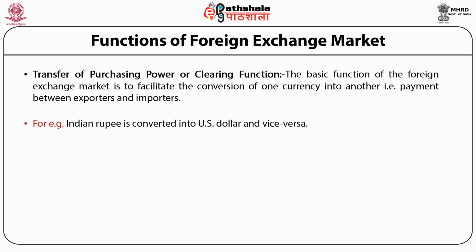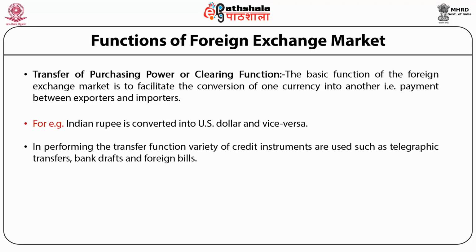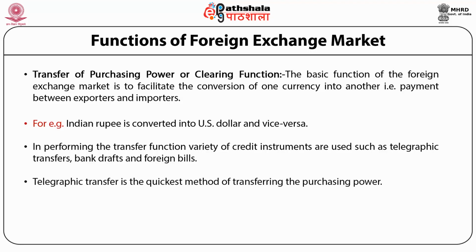For example, Indian rupees is converted into US dollar and vice versa. In performing the transfer function, a variety of credit instruments are used, such as telegraphic transfers, bank drafts, and foreign bills. Telegraphic transfer is the quickest method of transferring the purchasing power.